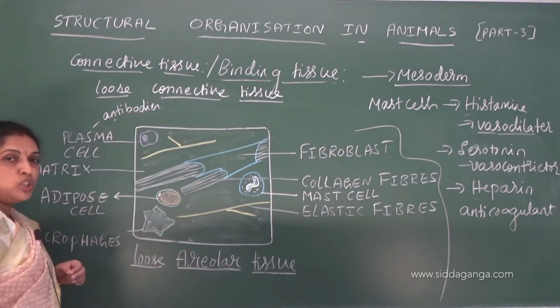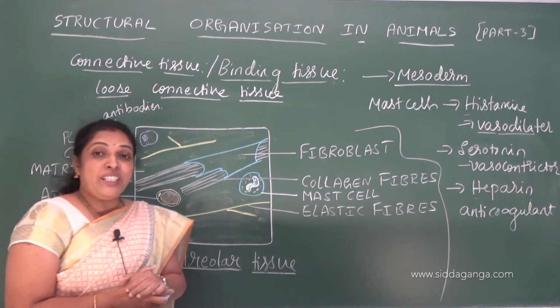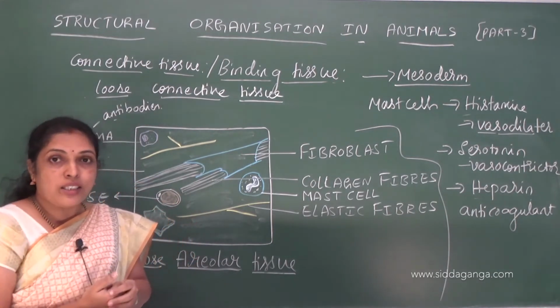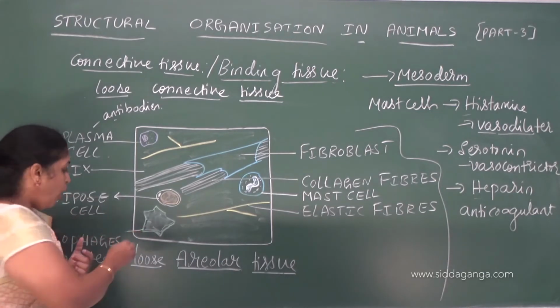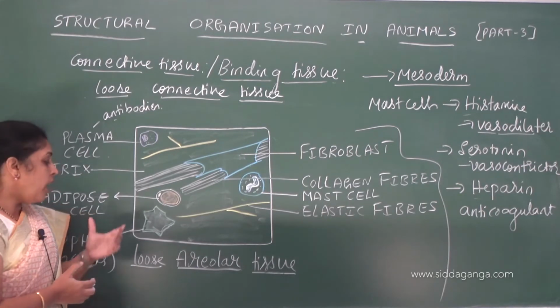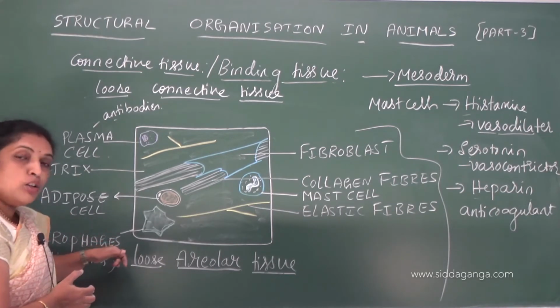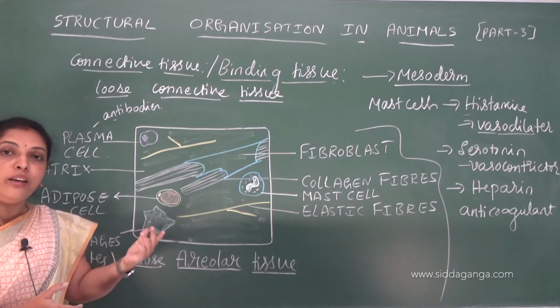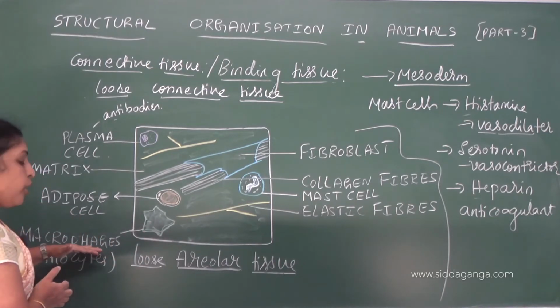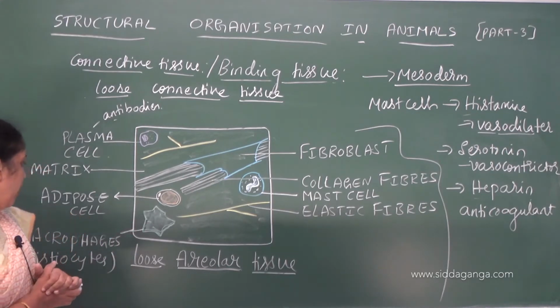The macrophages are also called histiocytes. Macrophages eat other cells. They kill or eat bacteria, viruses and other disease causing microbes, thereby preventing diseases and providing immunity to our body.